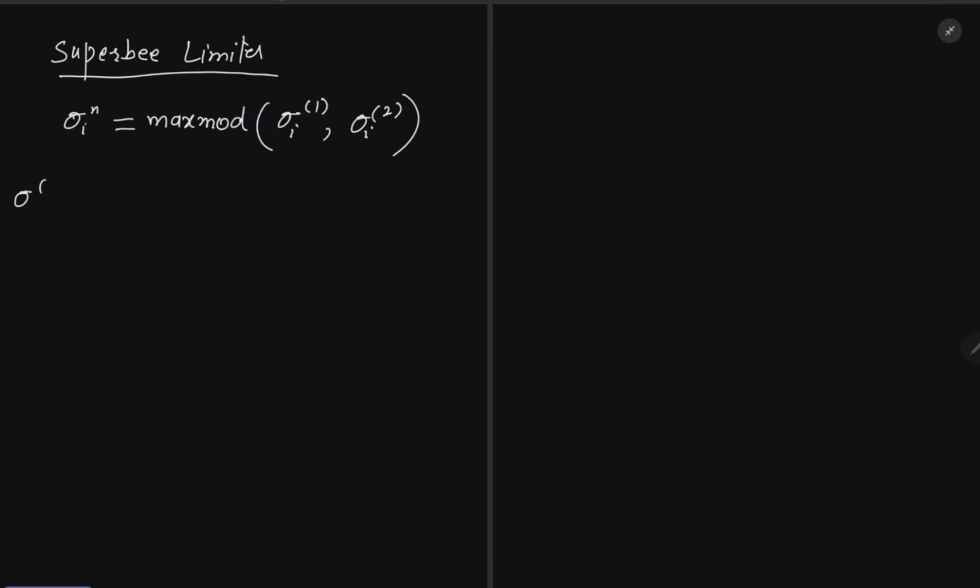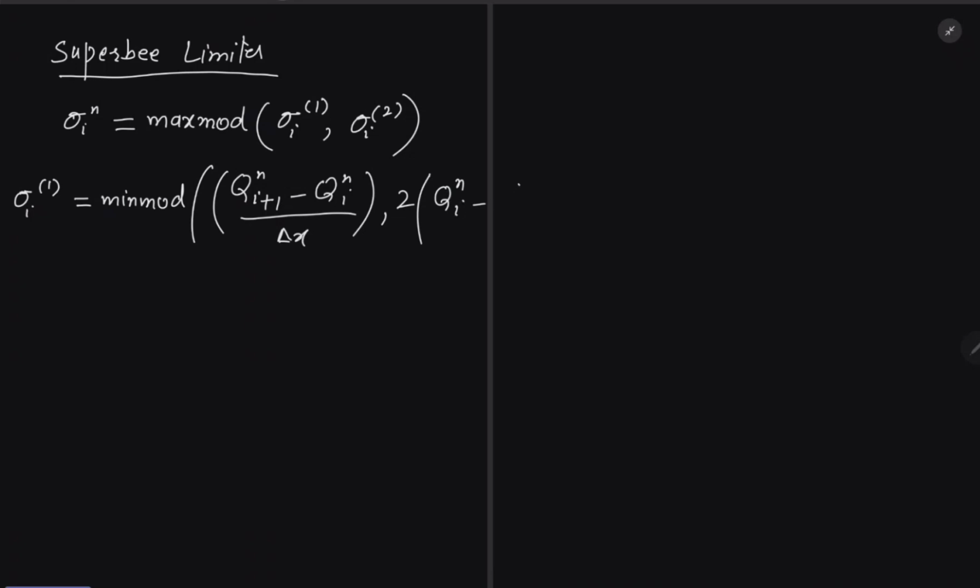For example, the first slope sigma 1 I is equal to minmod, and we have to calculate slopes at Q at I plus 1 and Q at I divided by delta x, and 2 times Q at I minus Q at I minus 1 divided by delta x.